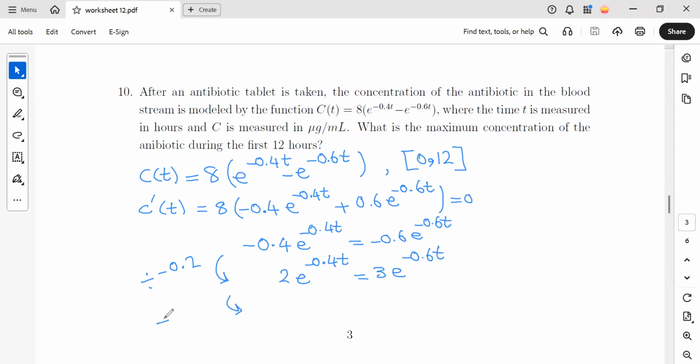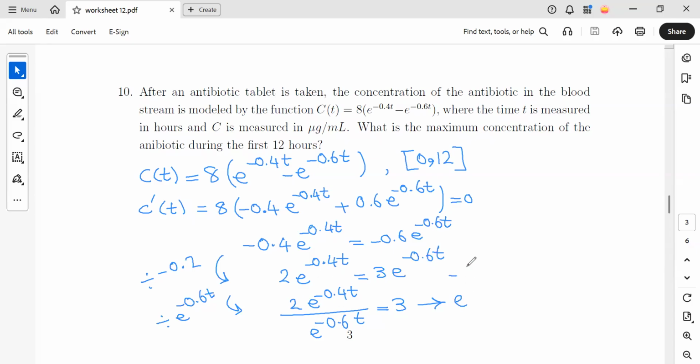And now we're going to divide by e to negative 0.6t. It will be 2e to negative 0.4t over e to negative 0.6t. This one is 3. So using the power rule, which says same bases, different powers, we would subtract when they are divided.